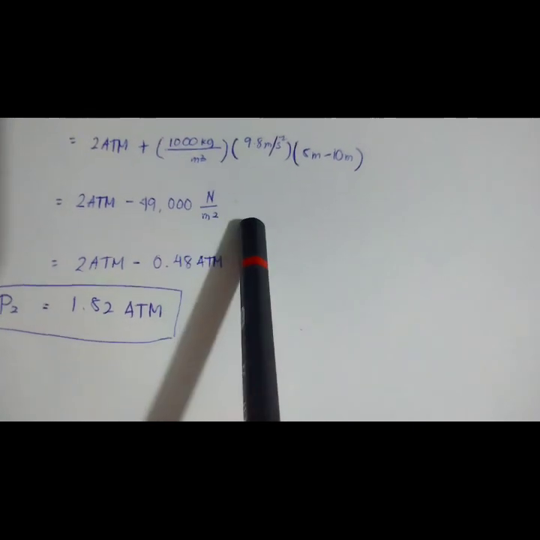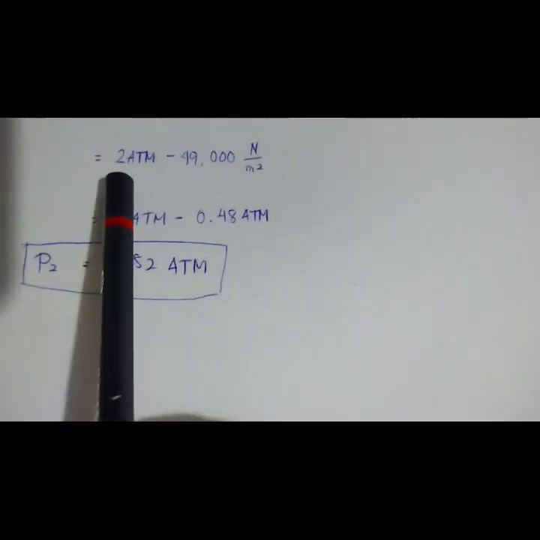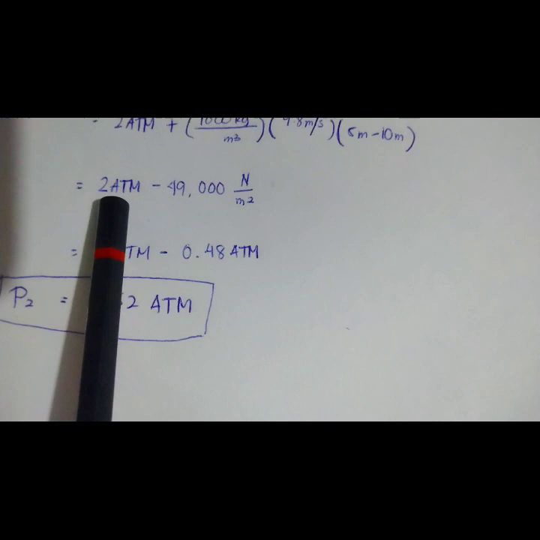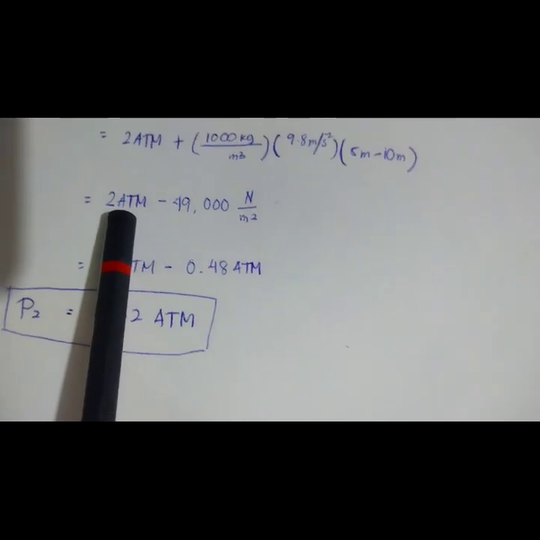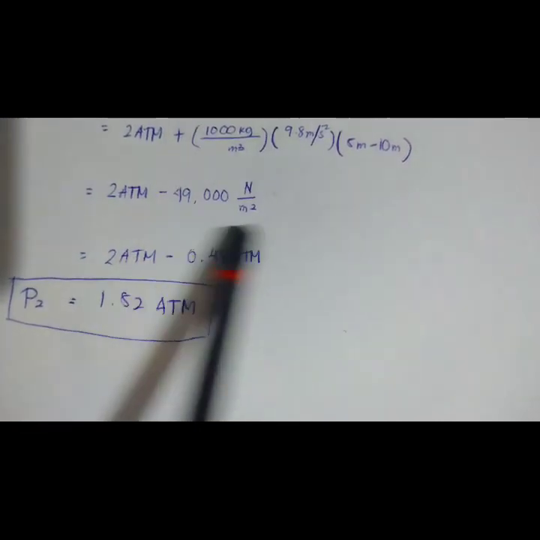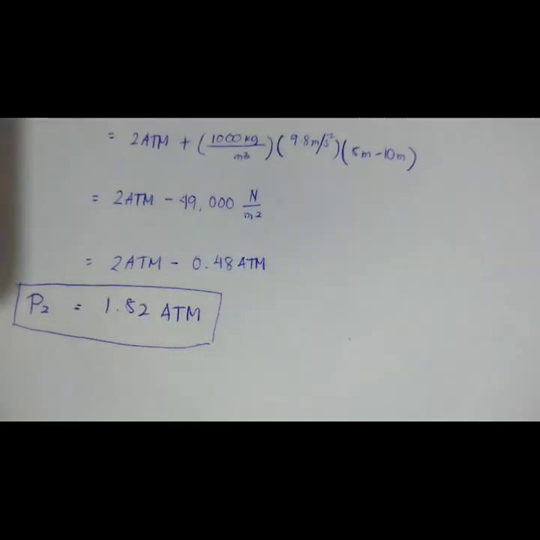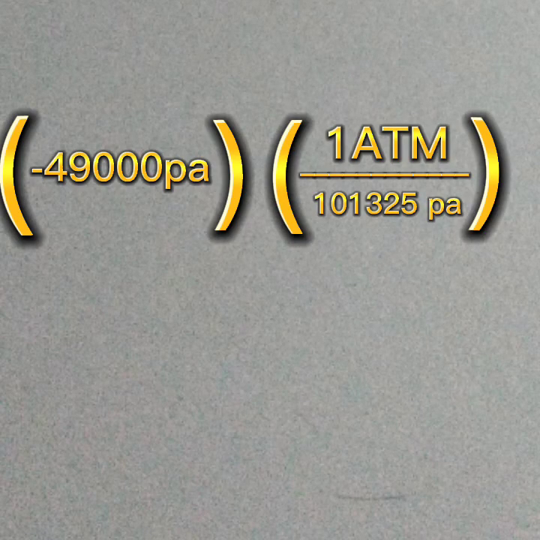So the 2 atmosphere, and this value, we will convert to atmosphere. So we convert the Pascal into atmosphere. Let's multiply negative 49,000 Pascal by 1 atmosphere divided by 101,325 Pascals.